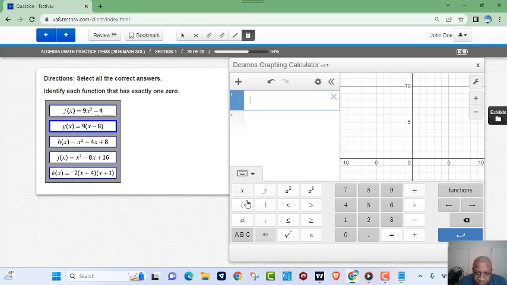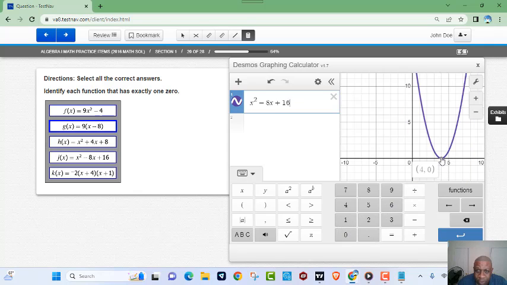So we have x squared plus 4x plus 8. That has no zeros. So that one's not it. Let's look at the next one. So we have x squared minus 8x plus 16.